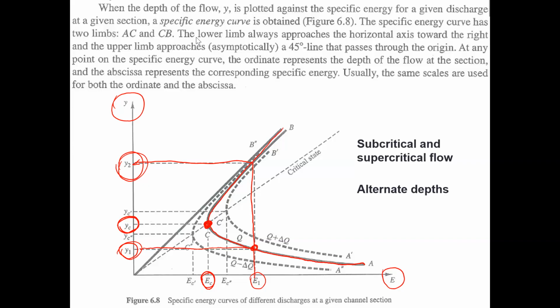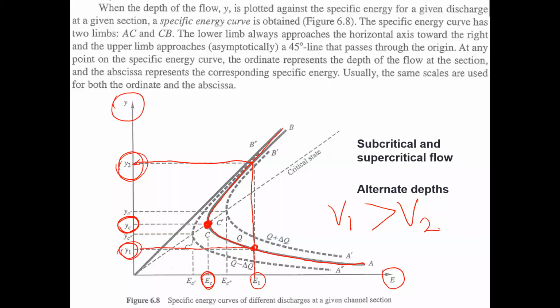Anyone? At the point y1, the velocity will be larger. Exactly. At y1, we are talking about a smaller depth, so the velocity will be larger. V1 is larger than V2. This is a very critical point.